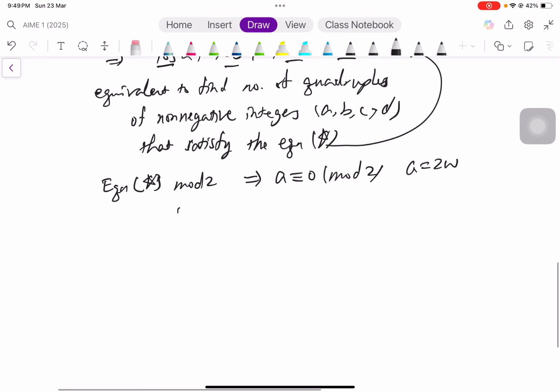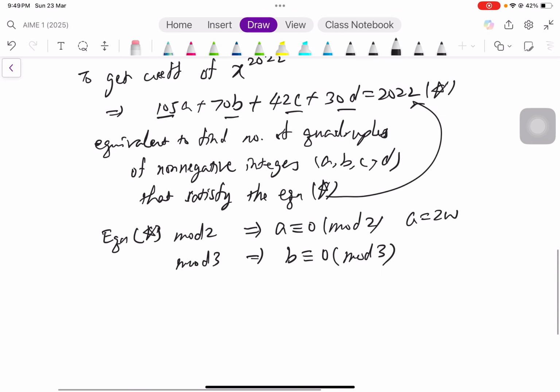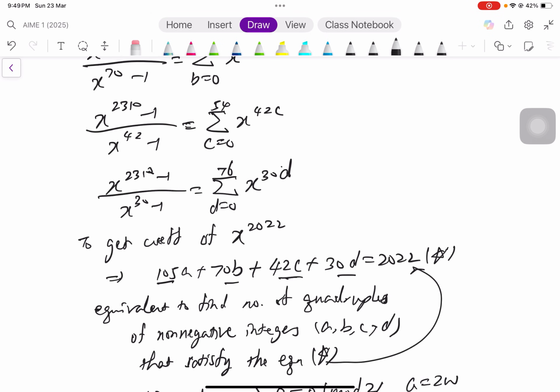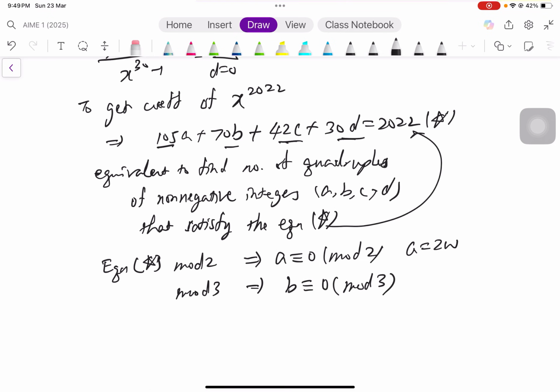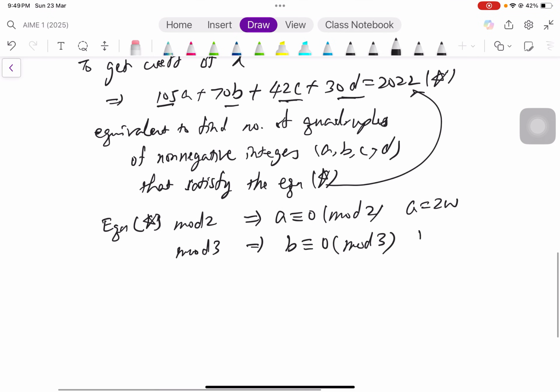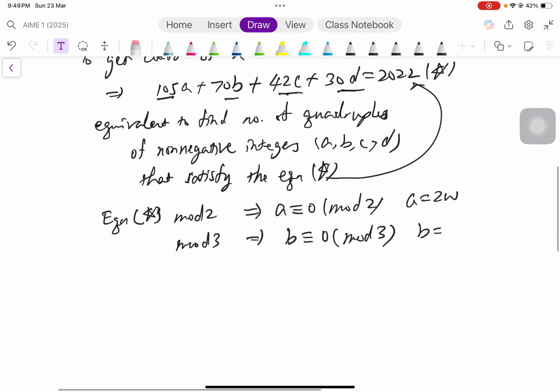Then you look at mod 3. This implies that b is congruent to 0 mod 3, because every single one is divisible by 3, but 70 is not divisible by 3. Therefore, in this case, b is equal to 3x.